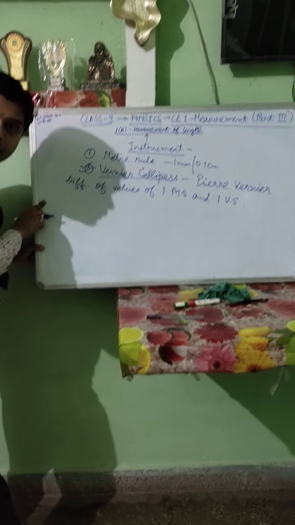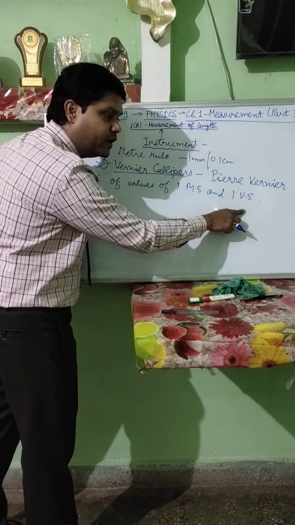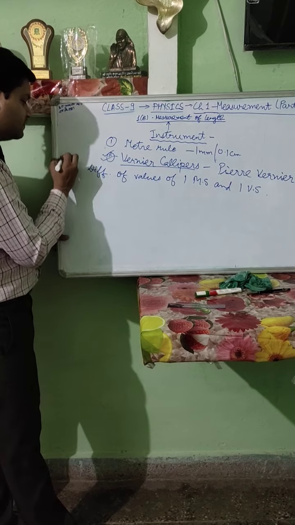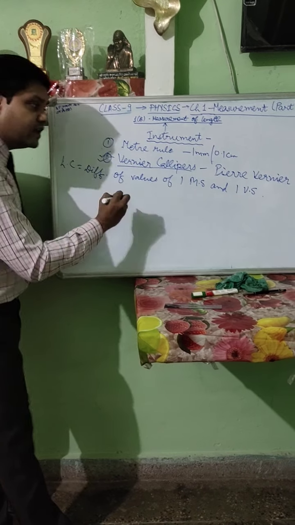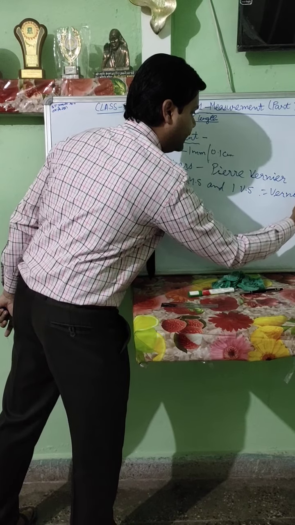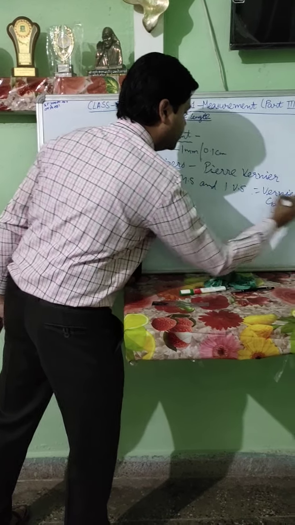Whatever will be the difference in the values of one main scale division and one vernier scale division, that will be equal to least count. This is also known as Vernier constant.